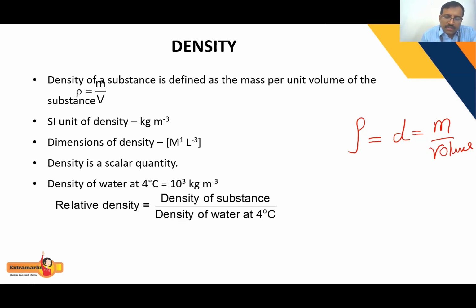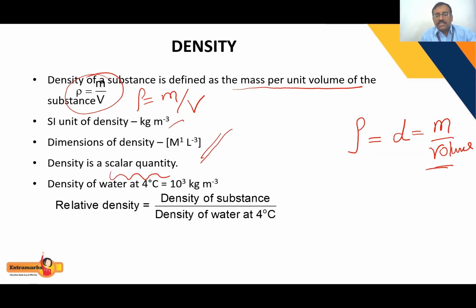Because a liquid has no particular shape, it will occupy the shape of the container. The container will obviously be three-dimensional, so we have to consider the volume. So the density of a substance is defined as the mass per unit volume, that is rho is equal to m by V. That is what is written here. The SI unit of density is kg per meter cube. The dimensions of density are M L to the power minus 3. Density is a scalar quantity like pressure, as I discussed.